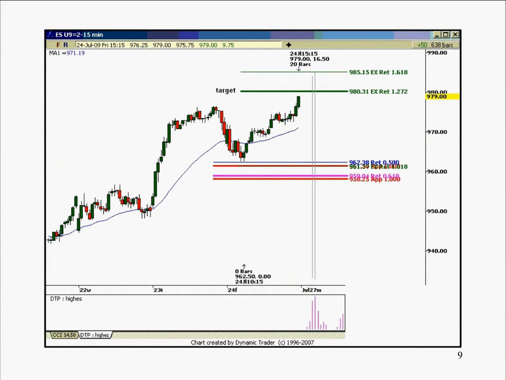Now, along the way, there's a good chance, depending on how you set up your money management strategy, you might have gotten out of some contracts, but then what you do is you try and keep a runner for at least the full move. My target for any of the trade setups here is always 1272 of the swing, so of the high to the low into the price cluster zone.